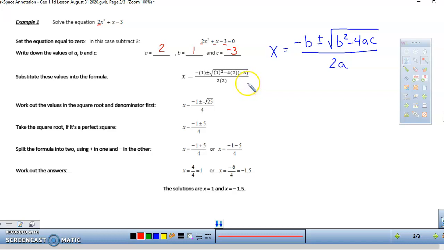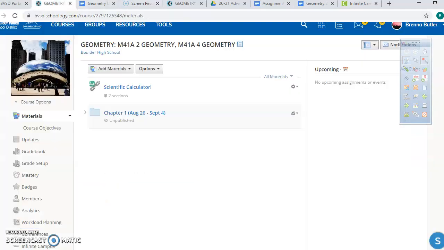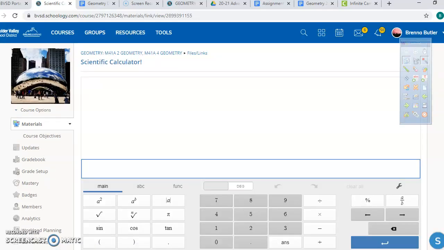Next, it is helpful, obviously, for a lot of you to have this to go into a calculator. So on your Schoology page, I'll just quickly click over there. On your Schoology page, I will post a scientific calculator. So you can just click on that, and that'll take you to a Desmos calculator.